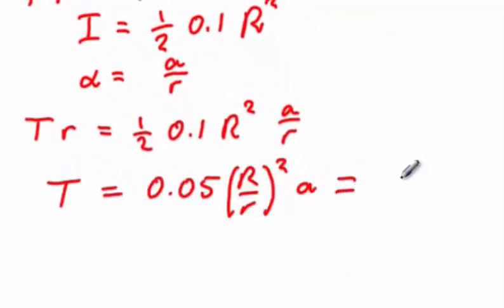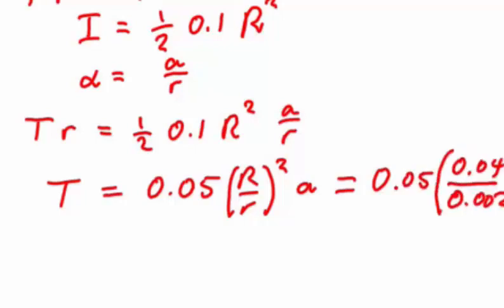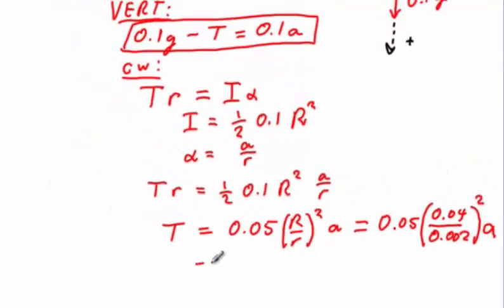One further simplification will be to plug in the values for the large radius of the outside of the yo-yo and the small radius of the shaft itself. And this yields the simplest formulation of the equation itself, which is that the tension is 20 times the acceleration. And this is our second equation that we place into a box.